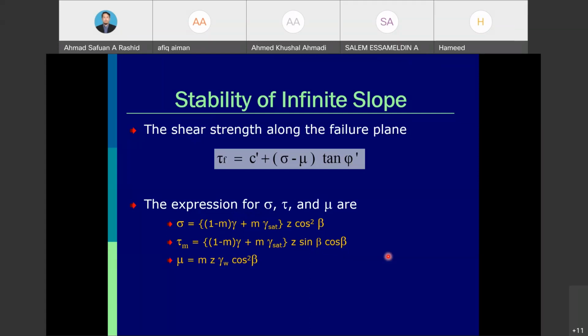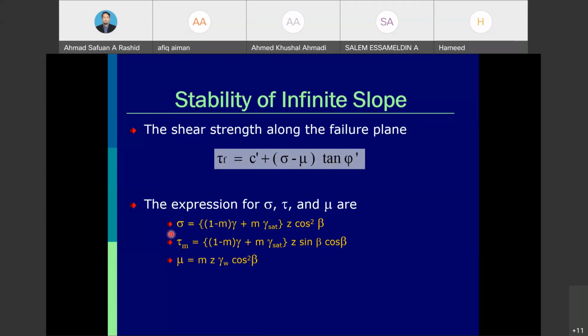So for example, for this equation, the shear strength along the failure plane, which is tau F, equals C plus sigma minus nu times tangent phi. The expressions for sigma, tau, and nu are as follows.